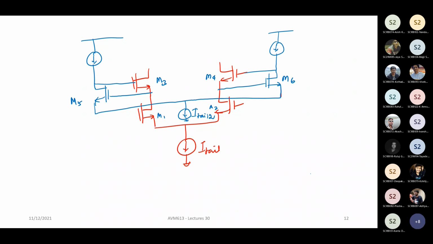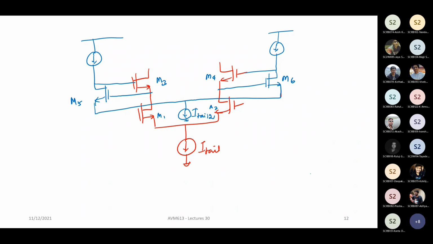Now the same thing you can do using a folded cascode. Okay, you have a folded cascode input pair, right, which is a differential system, and you can implement it like that. All right. So this is how you can do regulated cascode. So we have already seen the gain.